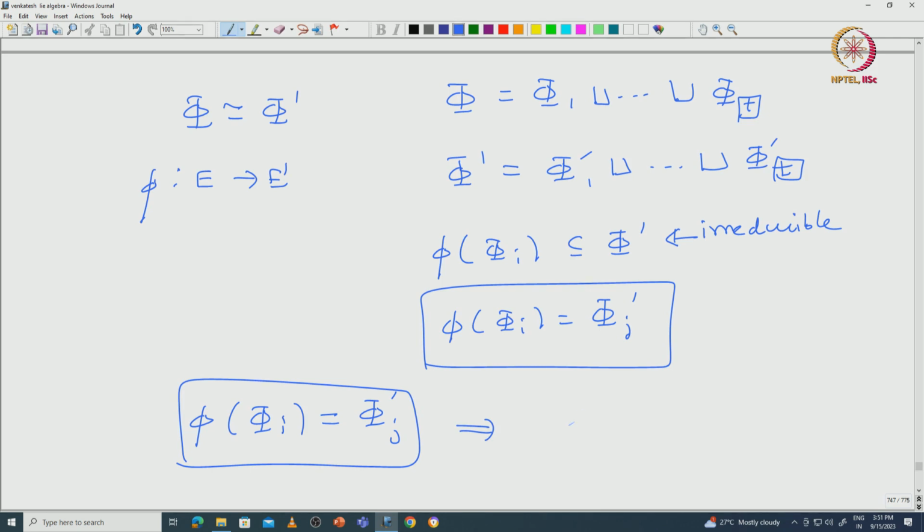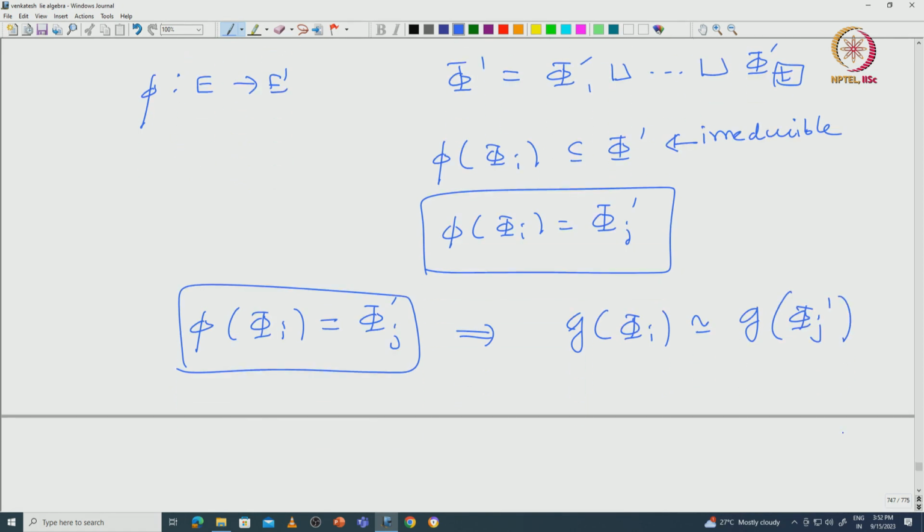Then if you prove that the Lie algebra associated with the root system phi_i is isomorphic to the Lie algebra associated with phi_j dash, this will be isomorphic to the ideal G_i inside G. That way we can prove that G is isomorphic to G dash, because you have an isomorphism for each simple ideal that occurs in G and G dash respectively.